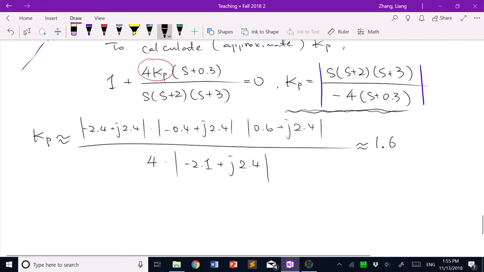And again, if you want to have an initial design of your controller, then your controller will be 1.6 times (1 plus 0.3 over s), or just 1.6 plus 0.48 divided by s.